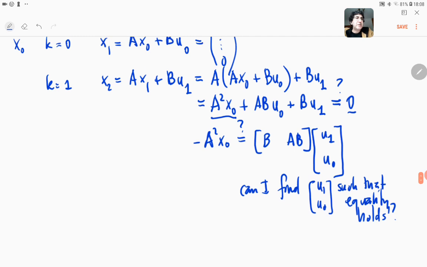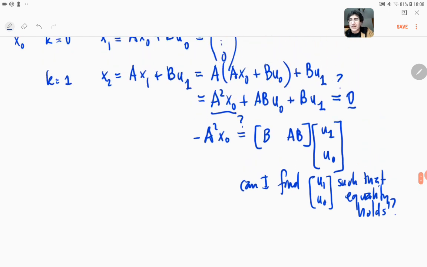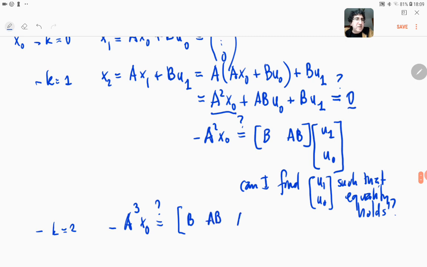So at this point, [B AB] is not a square matrix yet. Let me continue with this line of thinking. For k is equal to 2, I continue with this. So I have minus A to the power 3 x0. Can it be made equal to [B AB A squared B] times u2, u1, and u0?